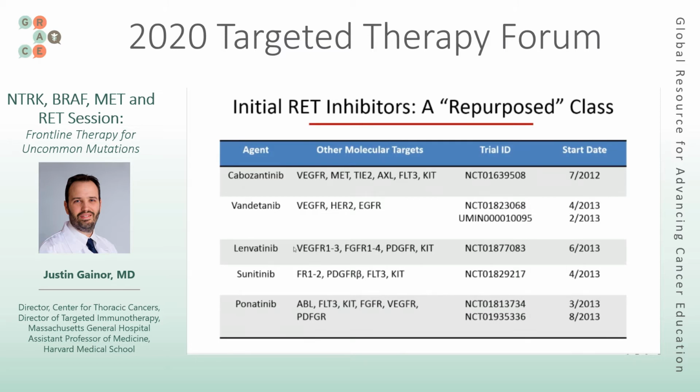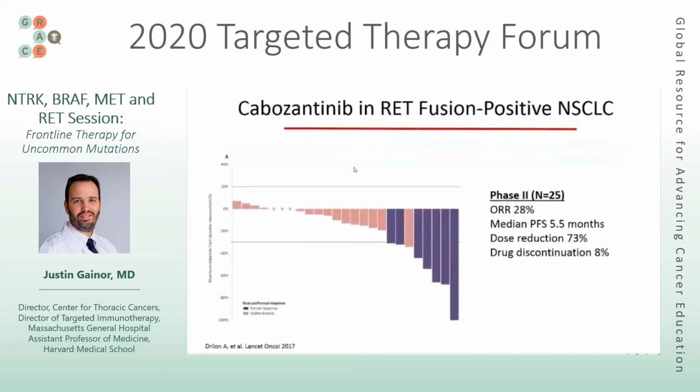Here's a whole list of drugs that were already approved for other things, but when we looked at the chemical structures, we found that they also targeted RET, so it seemed like a great opportunity to just insert these drugs. While we saw a little activity, this is a waterfall plot. Some of you have probably seen these throughout the day, but essentially each bar represents a patient.